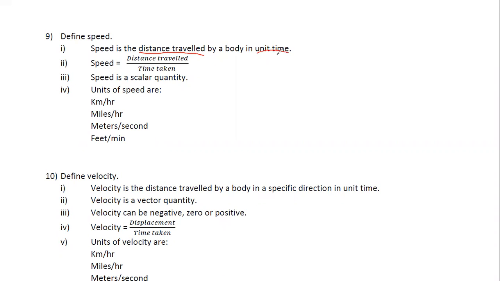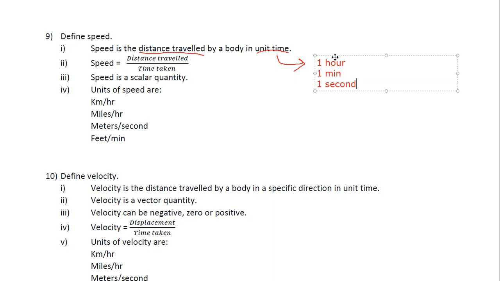Now, this unit time can be anything. Okay, by anything, I mean it can be 1 hour, 1 minute, or 1 second.